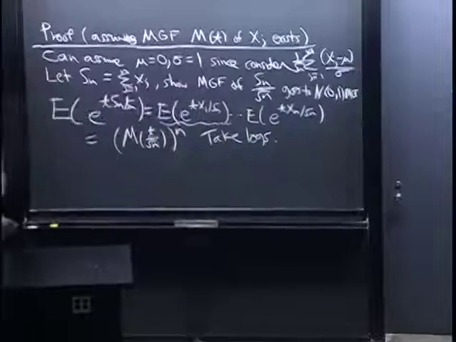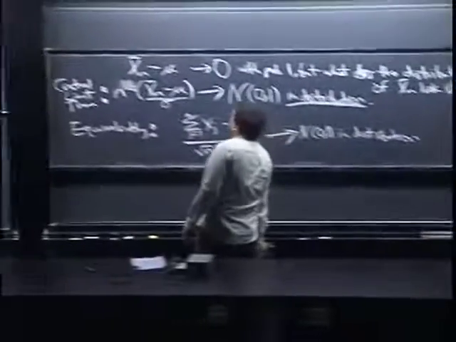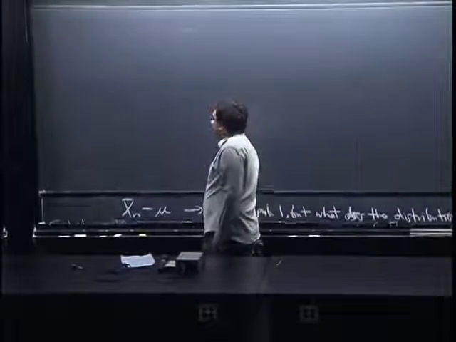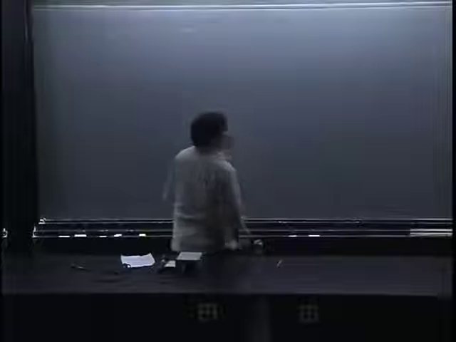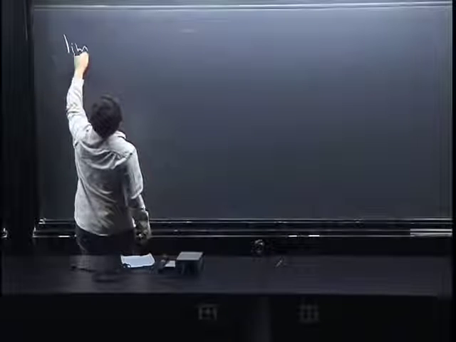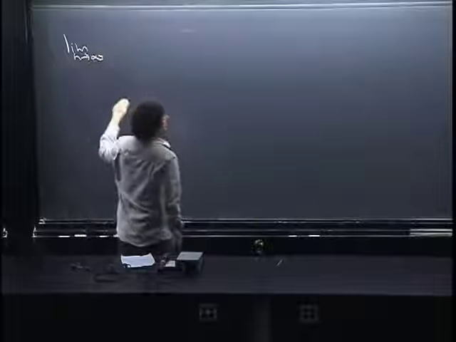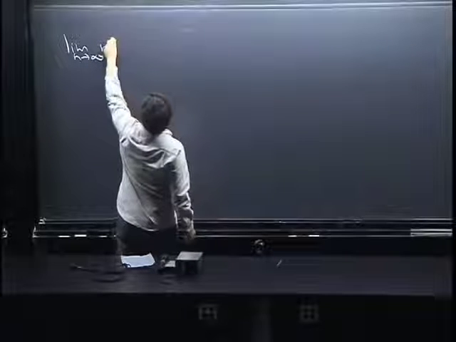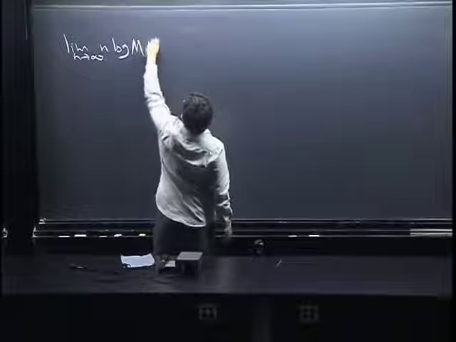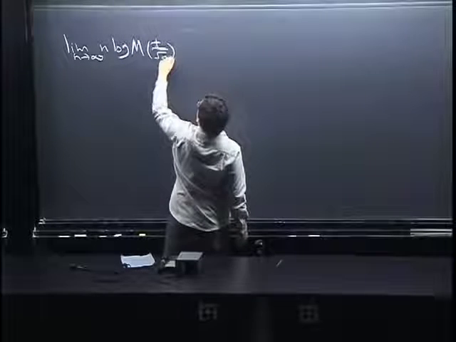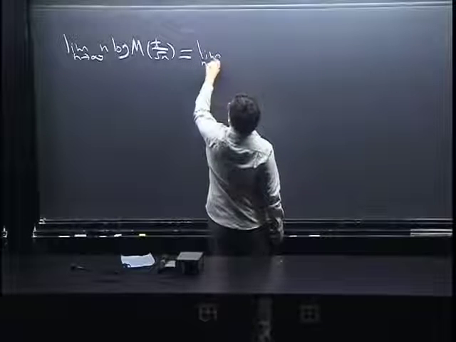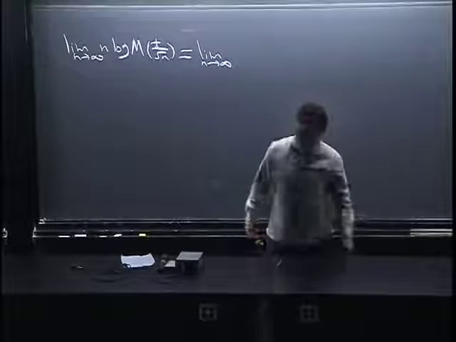Okay, so let's write down then what we have. After taking the log, and we're trying to do a limit, so we're doing the limit as n goes to infinity, and we take the log, it's n log M of t over root n, and so that's of the form infinity times 0.